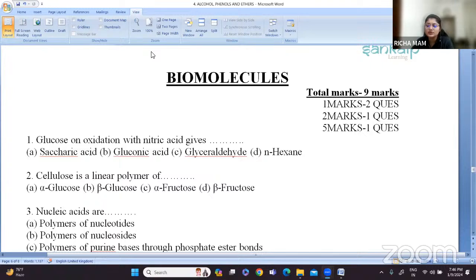Can you tell me which is the monomer present in starch and glycogen? Let me see who is answering first.